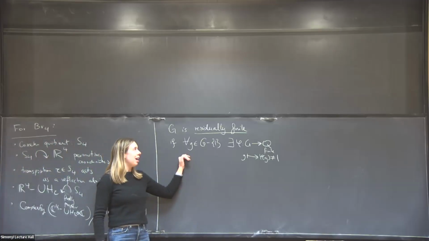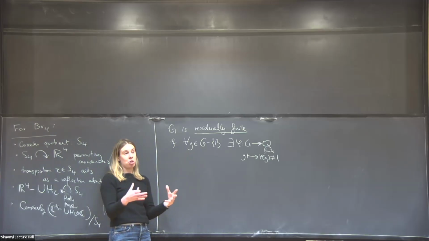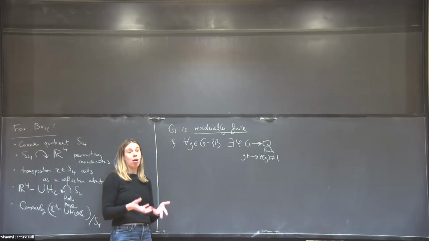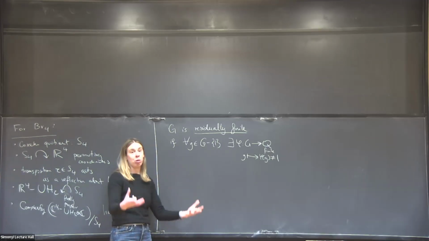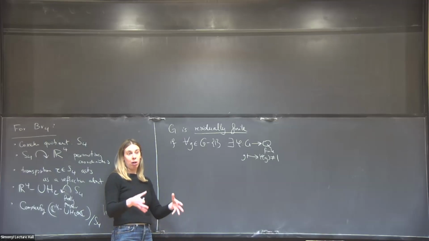Another way of restating residual finiteness is that a group is residually finite if I look at its Cayley graph and a ball of some fixed radius, I can always find a finite quotient whose Cayley graph has a ball of that radius that looks identical.